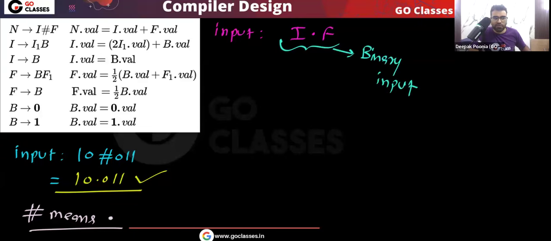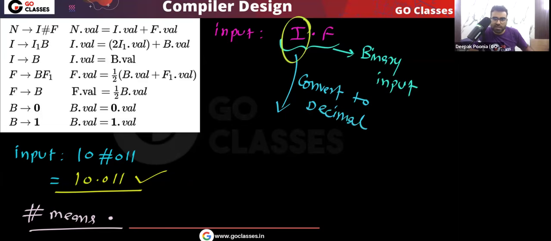Now tell me, if I convert this binary input to decimal, just apply your concepts from the digital logic subject, from number systems. How do we convert binary to decimal? Very simple. We convert the integer part separately and the fraction part separately.